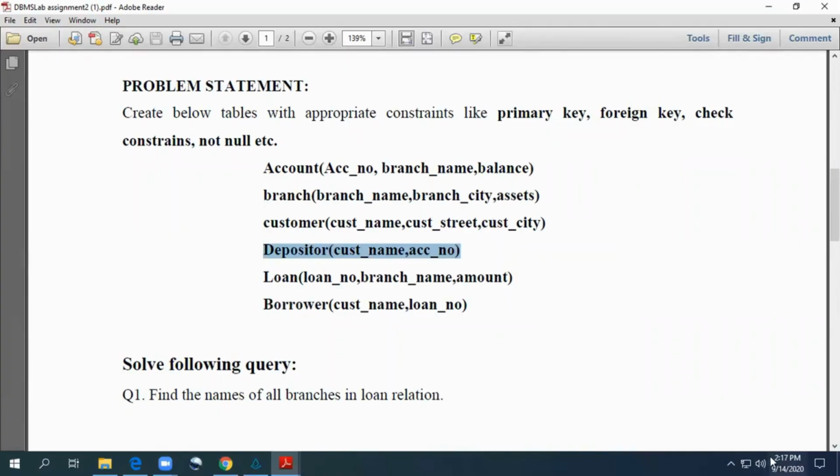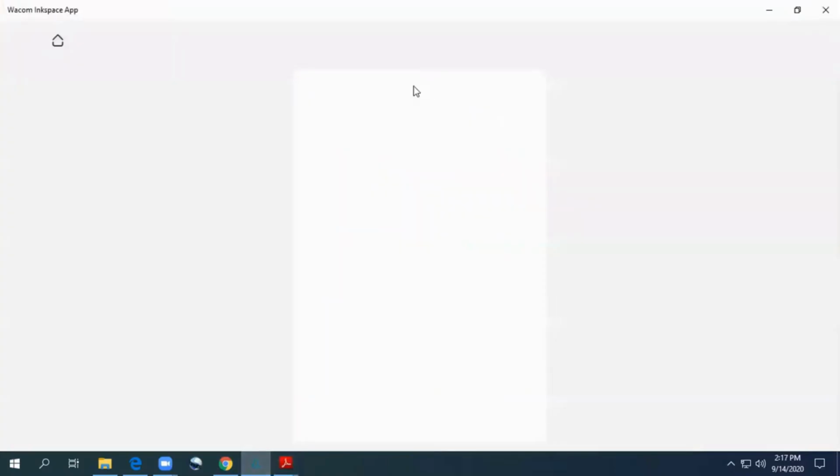So see, students, how we can do it. Also remember that in the depositor relation there are two fields, customer name and account number. In the borrower relation there are two fields, customer name and loan number. So we'll see the solution here. My first table is depositor with the two fields, customer name and account number.